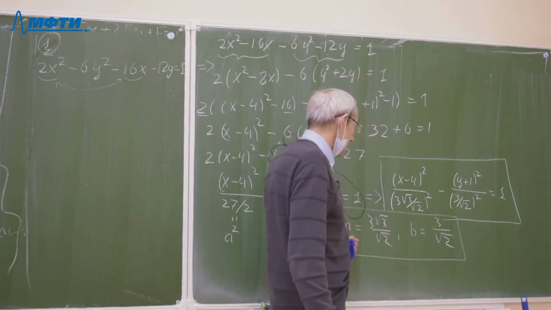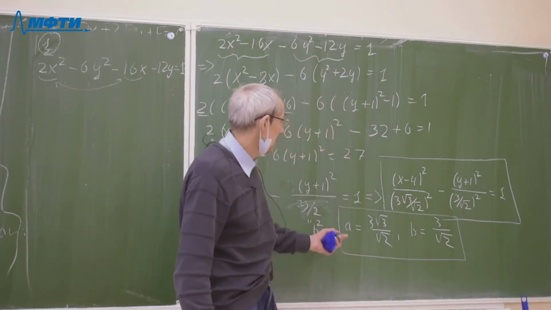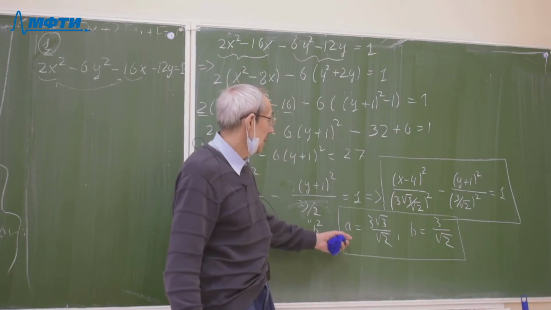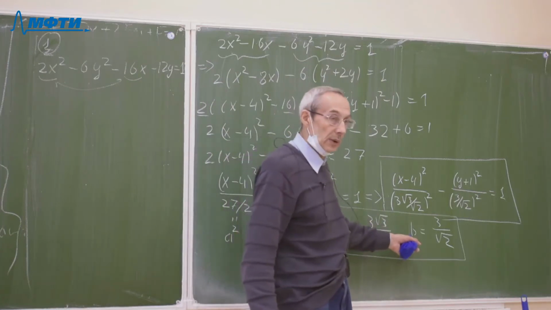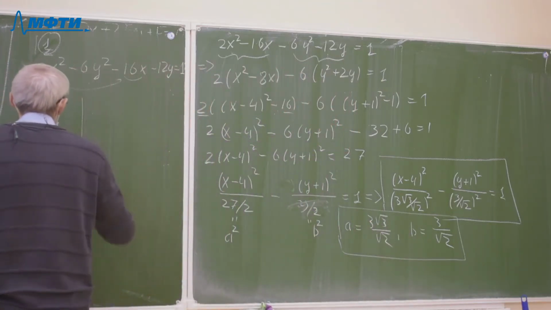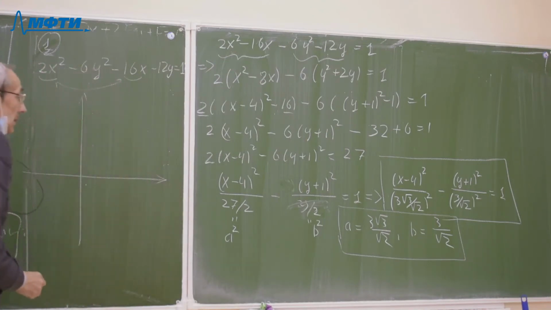And this hyperbola has as a base rectangle which has sides with lengths 2a and 2b. And we can draw this hyperbola.